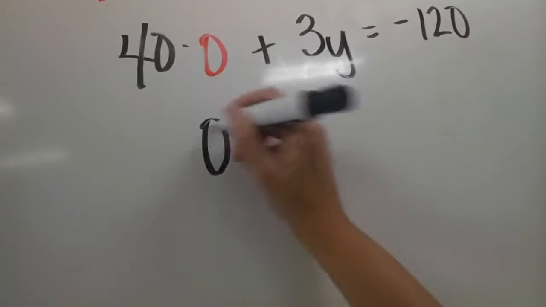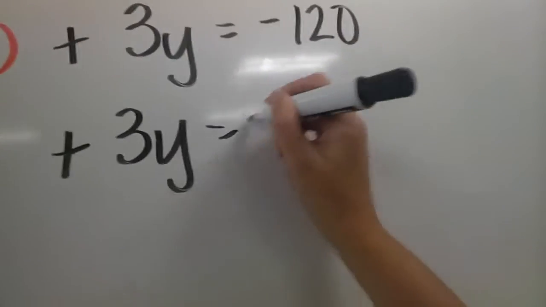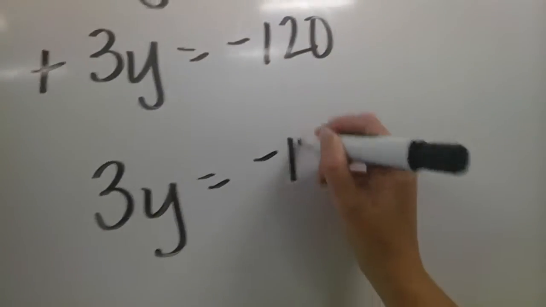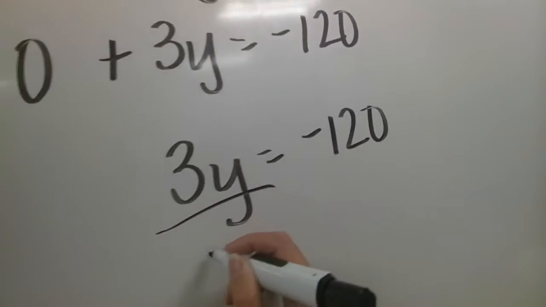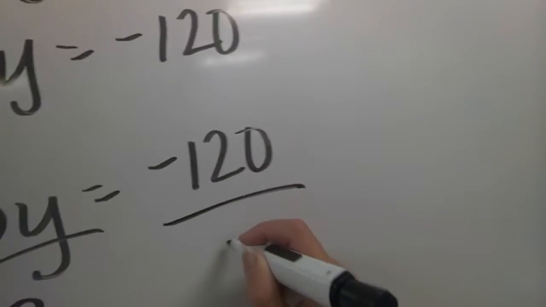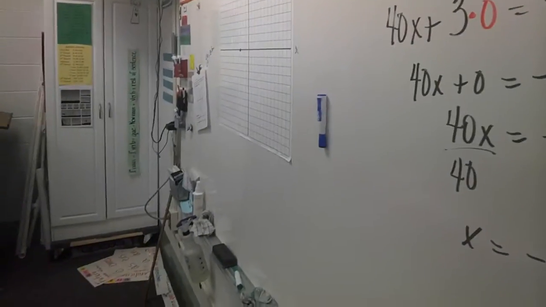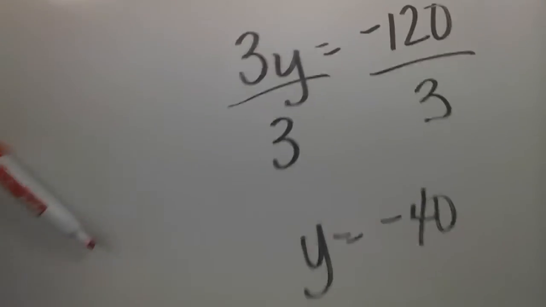So this becomes 0 plus 3y equals negative 120. That's 3y equals negative 120. Divide by 3. Y equals negative 40. I have a problem. My graph does not go to negative 40.